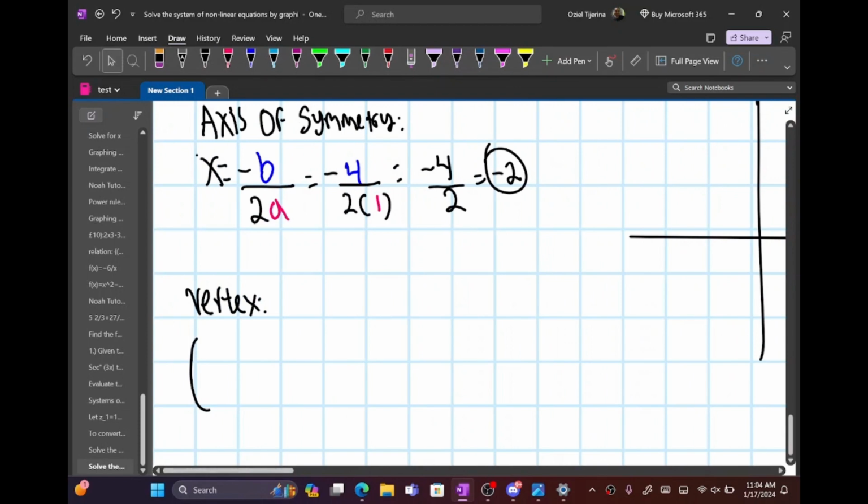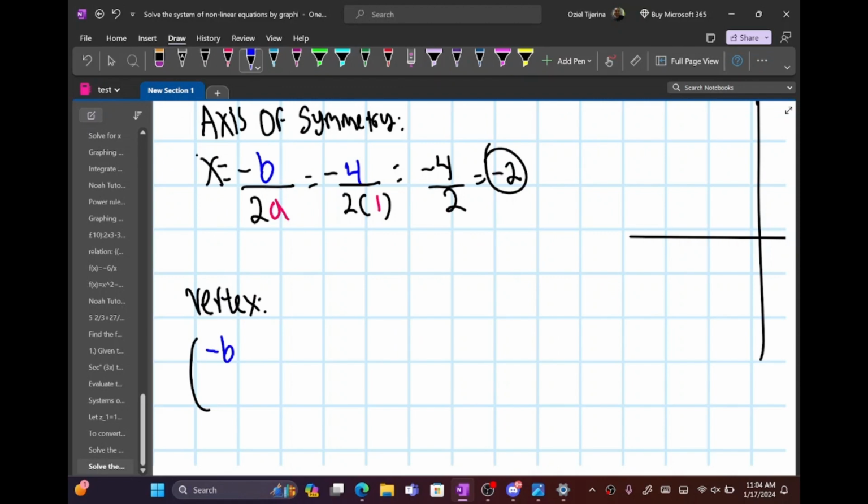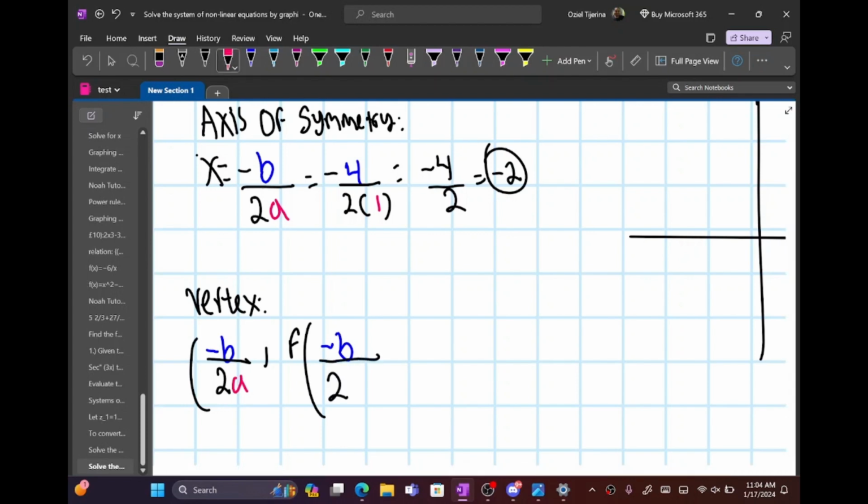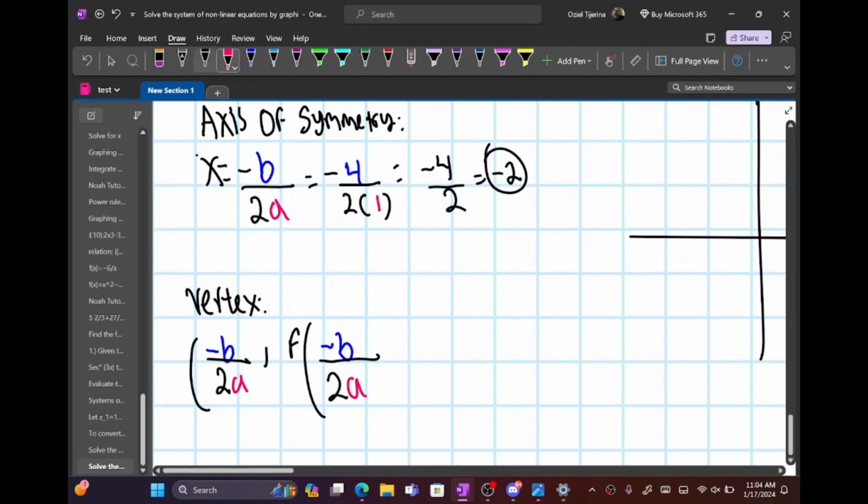The vertex is defined as the point with x-coordinate the axis of symmetry, -b over 2a, and then comma f of -b over 2a. Basically, we are going to evaluate our original quadratic equation or function at that point.